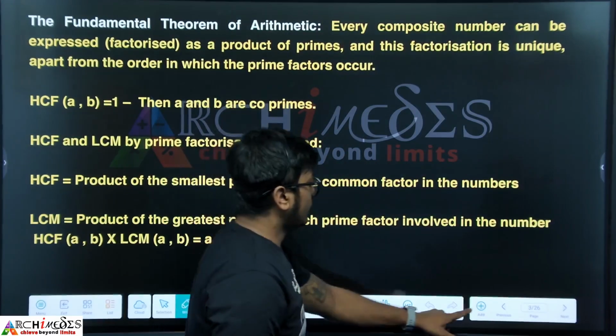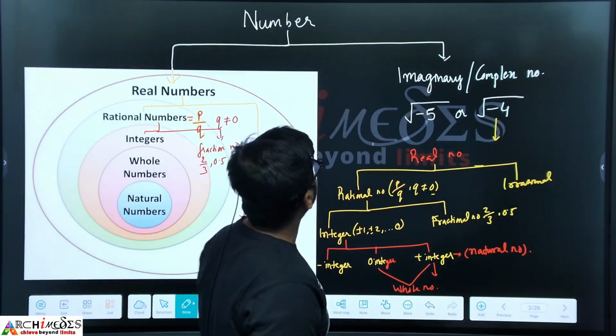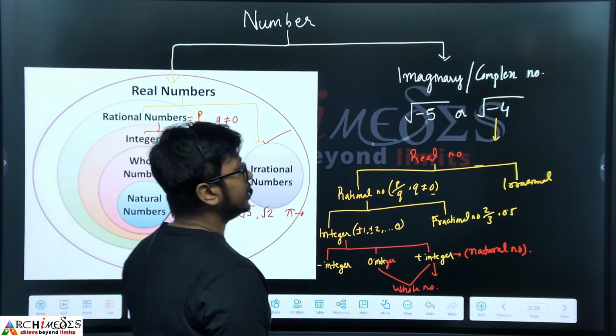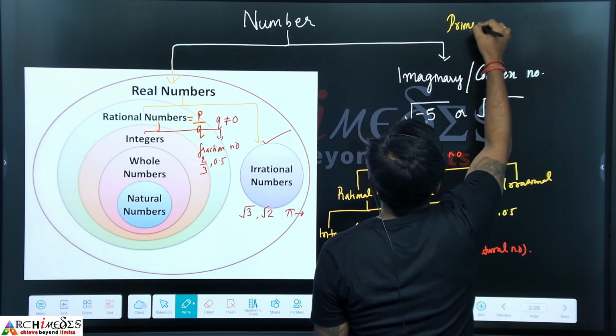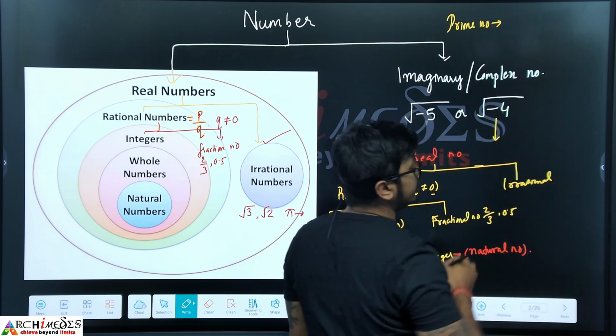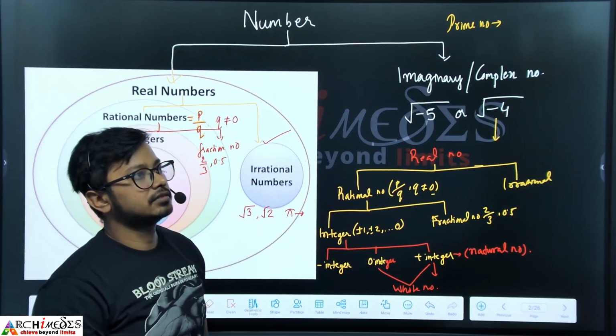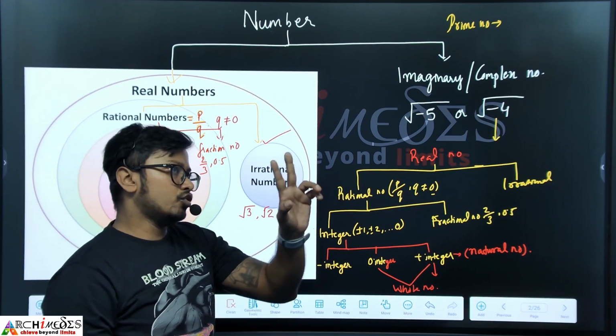So next part. I hope you know prime numbers. So you should know the prime number definition. What is the actual definition? A number which has how many factors? Only 2 factors.